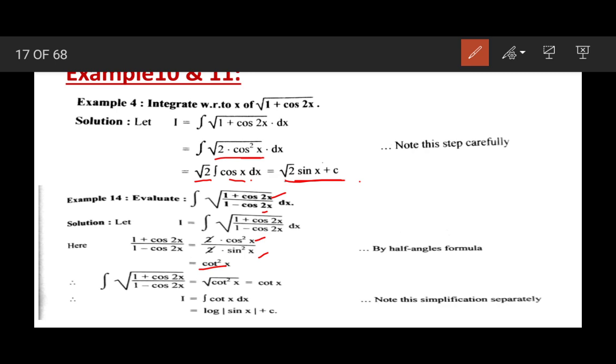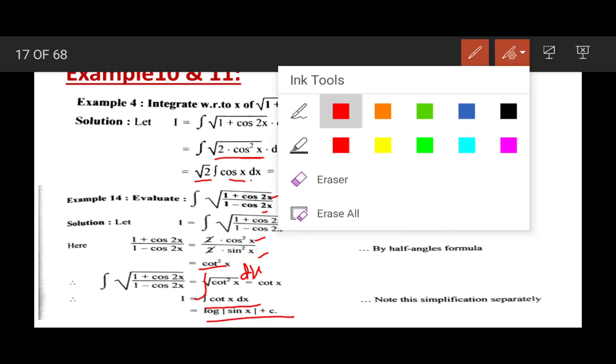So the integral is equal to integral of under root of cot square x dx. So that is equal to integral of cot x dx, since root of cot square x is cot x. Integral of cot x is log sin x plus c.